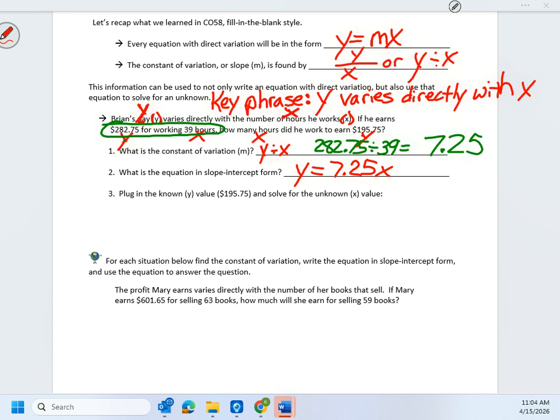How many hours did he work to earn $195.75? So I'm given a known, and I'm going to solve for my unknown. So what is my equation going to look like? Clara? We need to do 195.75 times 7.25. Times what? Multiplied by 7.25. Is that using my slope-intercept form?